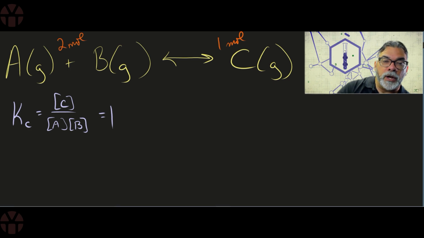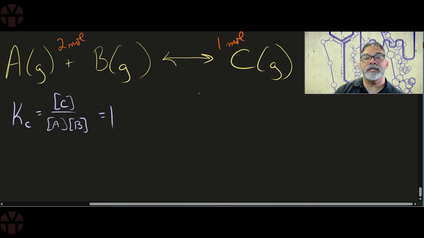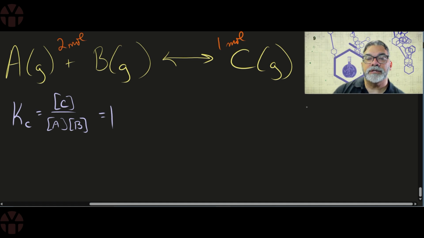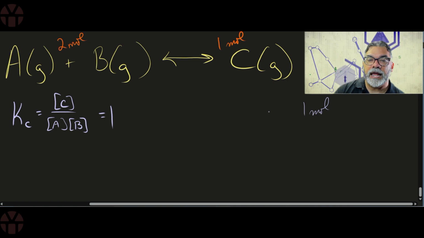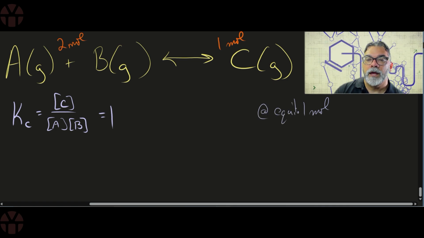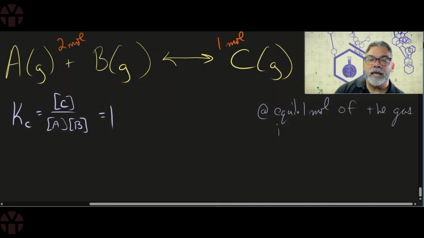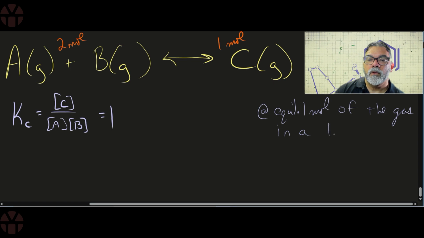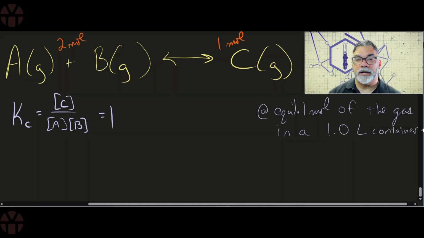For this one, we're going to do the same exact thing, K equals 1. But this time, for each of these, I'm going to say that at equilibrium we have 1 mole of the gas in a 1 liter container. So put that into perspective.